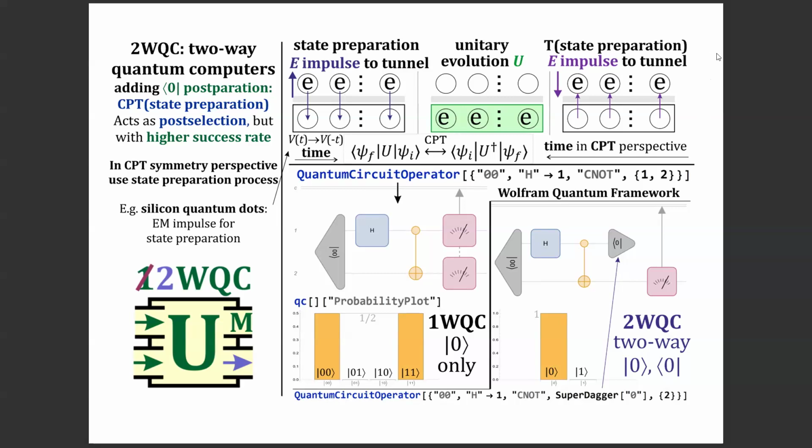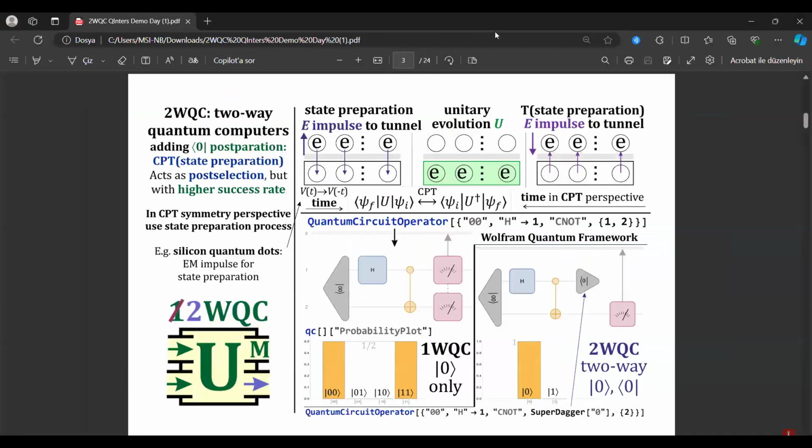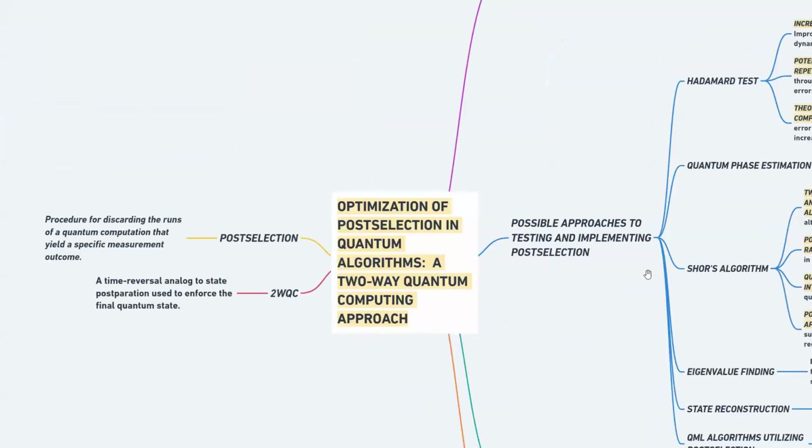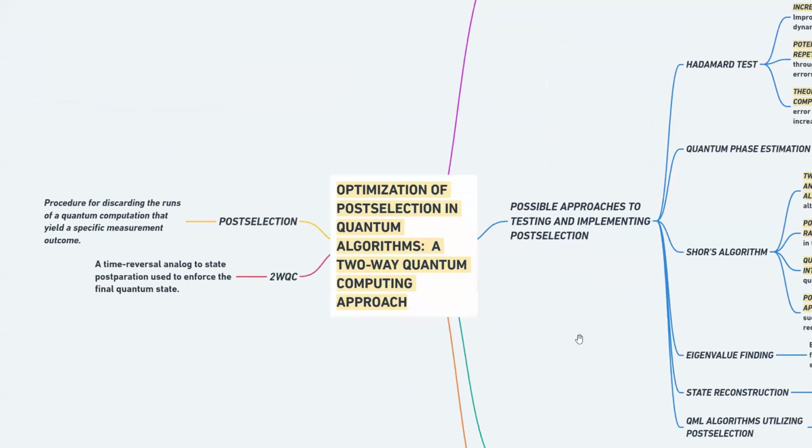And post-selection can be quite directly implemented using postparation, since post-selection, for example, can be implemented using a projective measurement. And since we're projecting on a neighboring qubit using postparation, the analogy is quite direct here. And since two-way quantum computing also employs bidirectionality and the projection, we don't need to know the current state. There can be some existing improvements, which Betül will discuss.